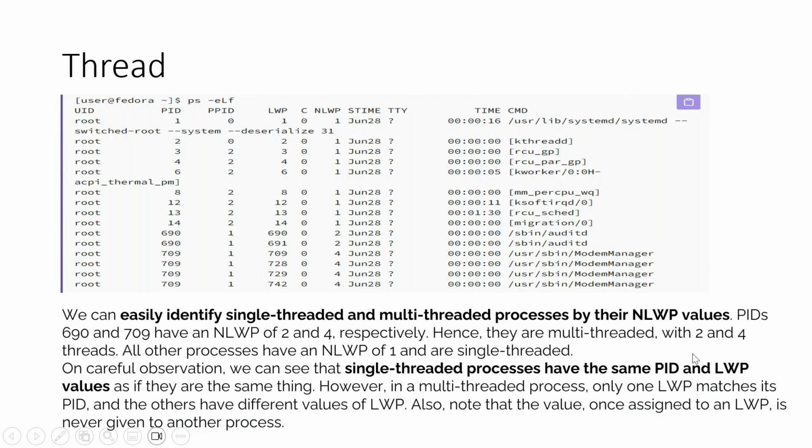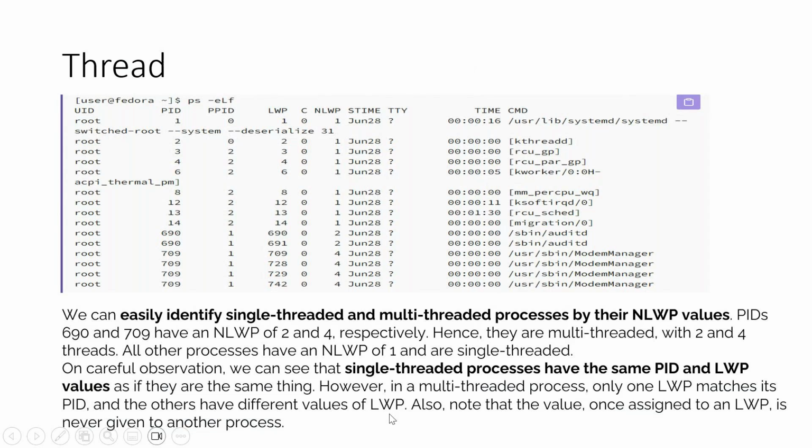All other processes have NLWP 1, meaning number of threads is 1, and they are single-threaded. On careful observation, single-threaded processes have the same PID and LWP values. However, in a multi-threaded process, only one LWP matches its PID and the others have different LWP values.